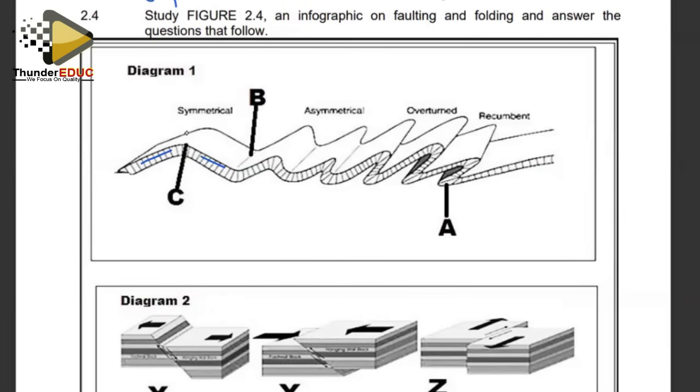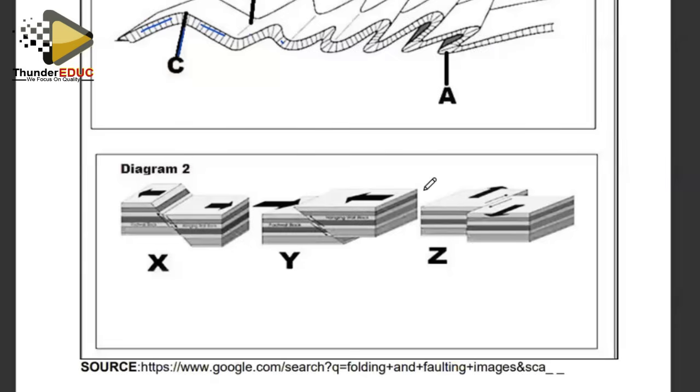We can divide this into two because this side is the same as this side. Asymmetrical means one side is more folded than the other and there's no line of symmetry. We cannot split this into two. Then overturned means the landmass goes over another landmass. And for the recumbent, there is strong force and the landmass is folded over. That's just a picture of what you must note.